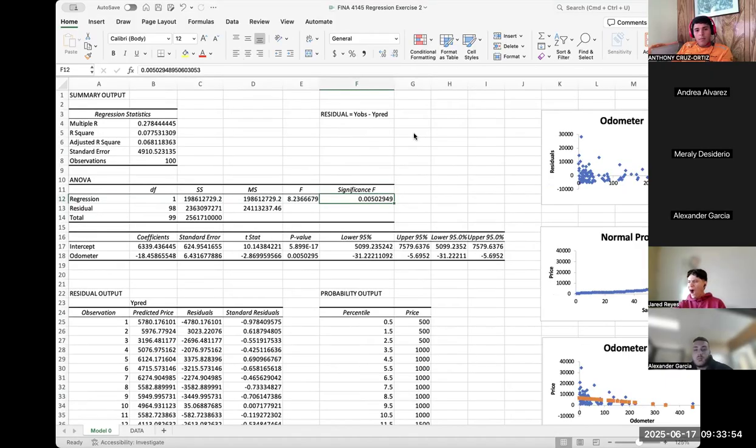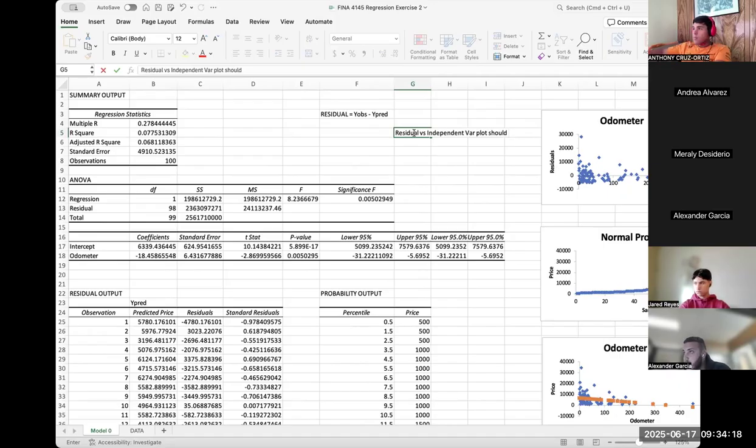Let me write a note here: the residual versus the odometer.